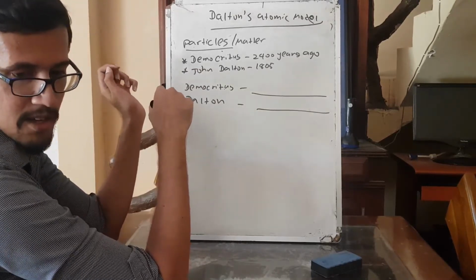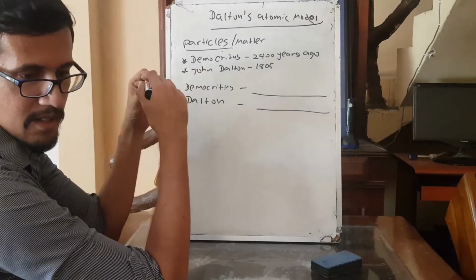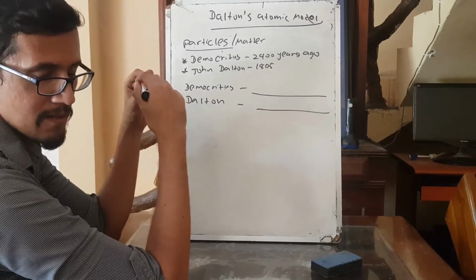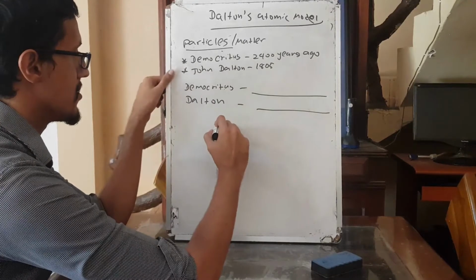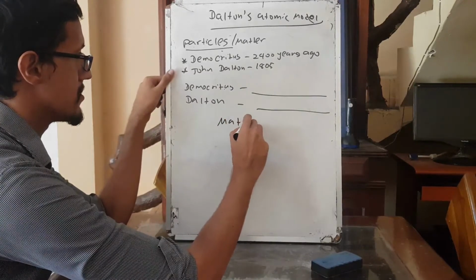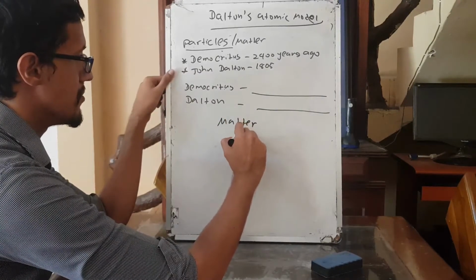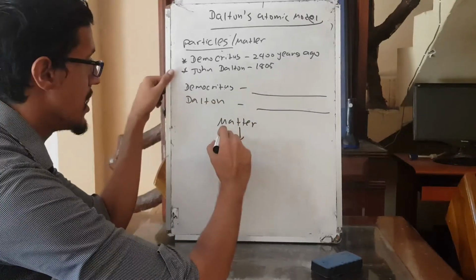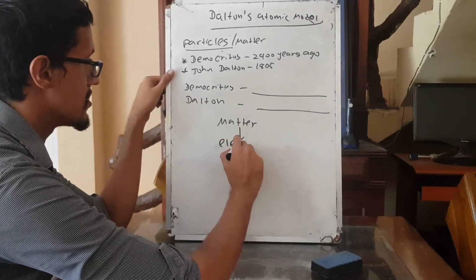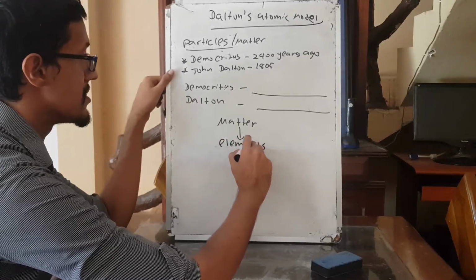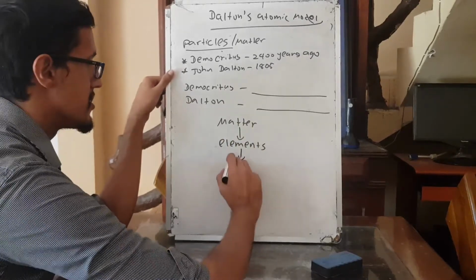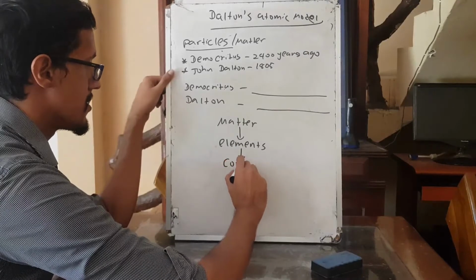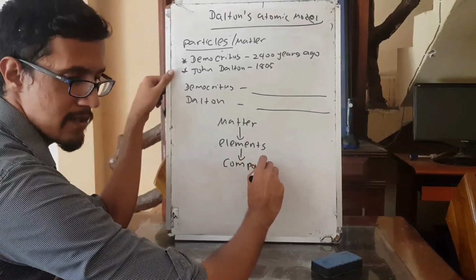Then we can get the idea of how things are made. We call them matter, and matter we can divide into elements. Matter consists of different types of elements. Elements consist of compounds.